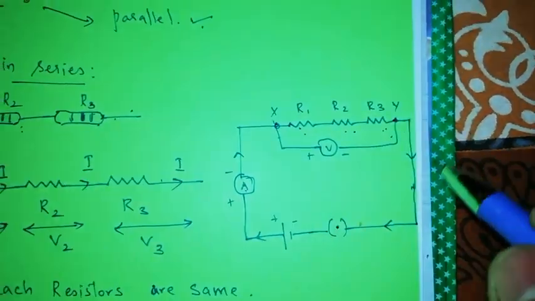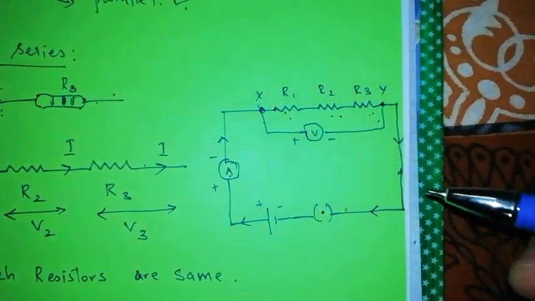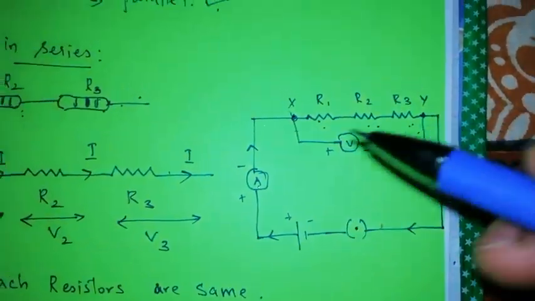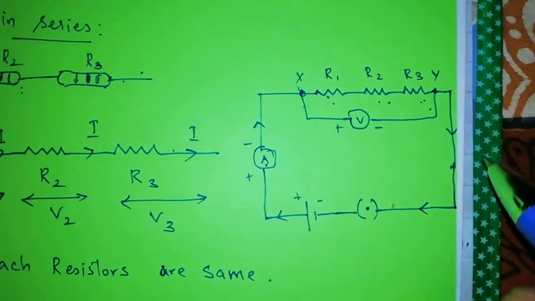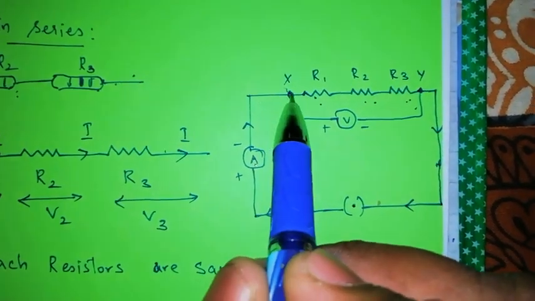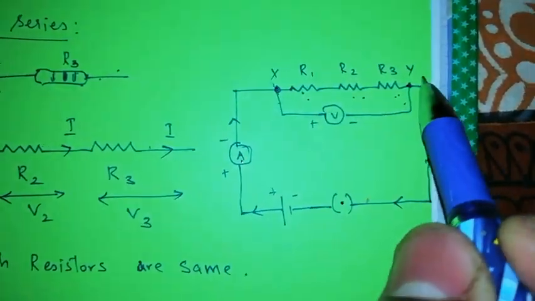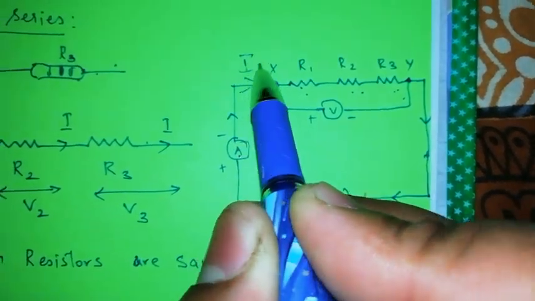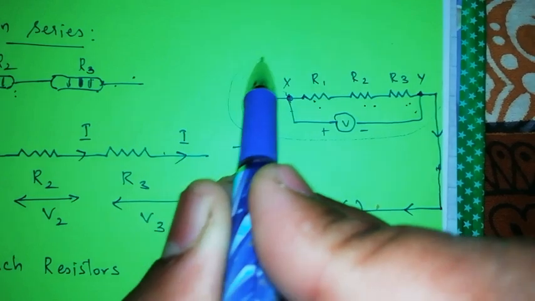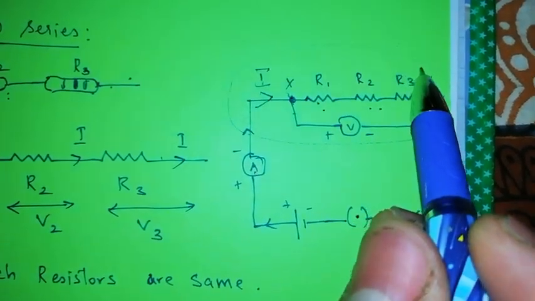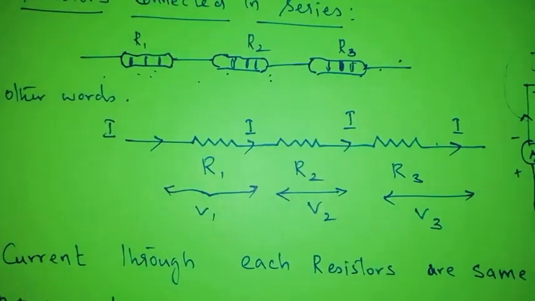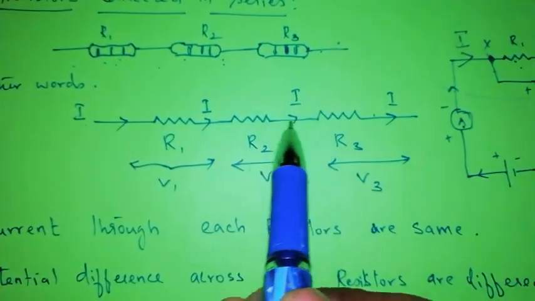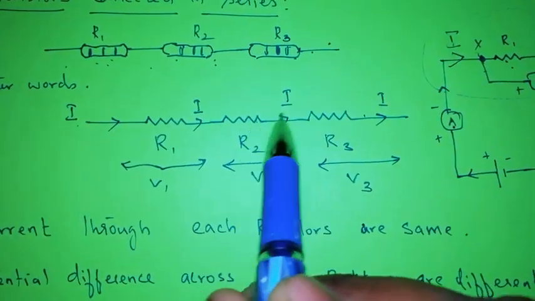When we switch on, the current flows through this series connection from X to Y. I made this in a bigger size so you can see the current flowing in this direction through the three resistors.